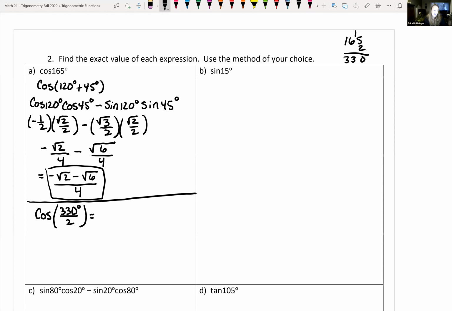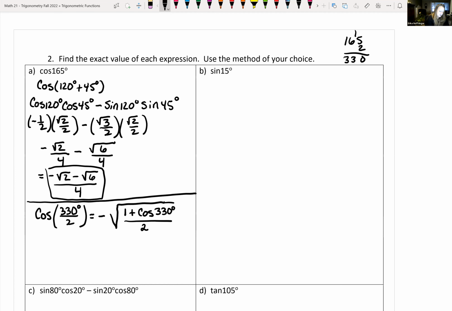Well, 165 degrees falls in the second quadrant, and cosine is negative in that quadrant, so we're going to use the negative in front of that radical. So we have minus the square root of 1 plus cosine of 330 degrees all over 2.